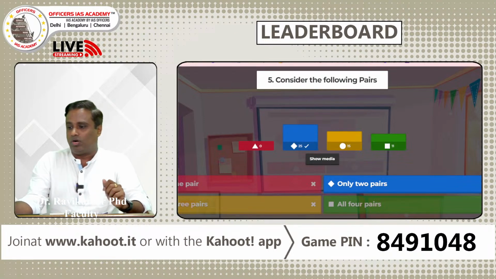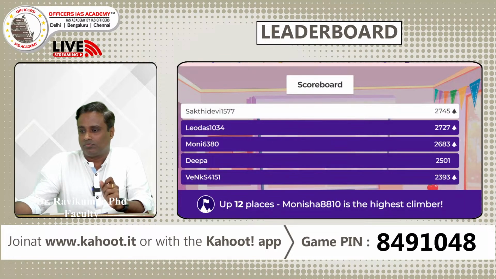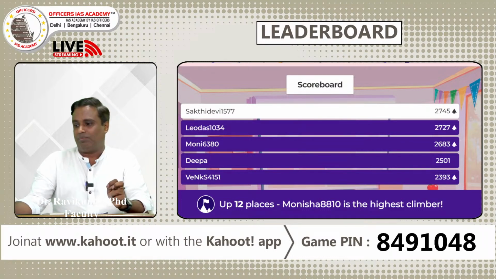And we can see the leaderboard now. Sakti Devi took the first spot here, Leodas climbed to the second one, Moni climbed to the third, Deepa retained the fourth, and Venkat climbed to the fifth spot.